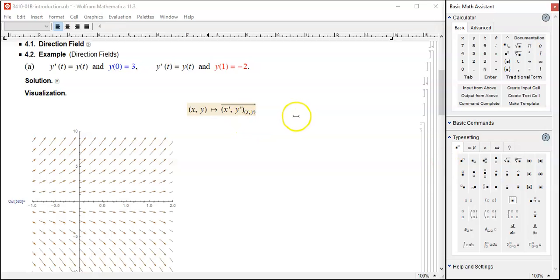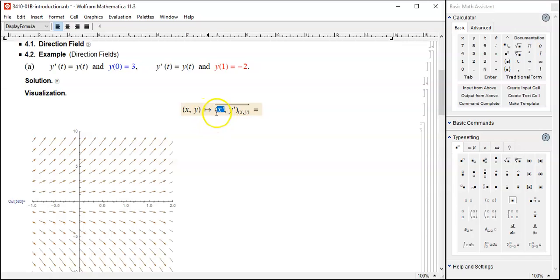Okay, but in this case, x is just t. x is t, time. So x prime is actually 1.